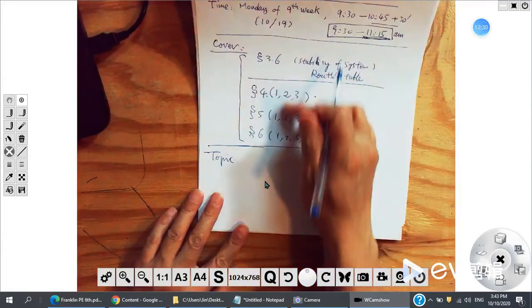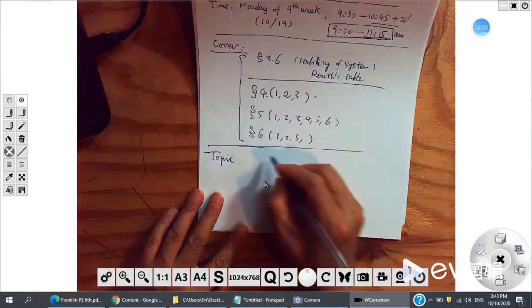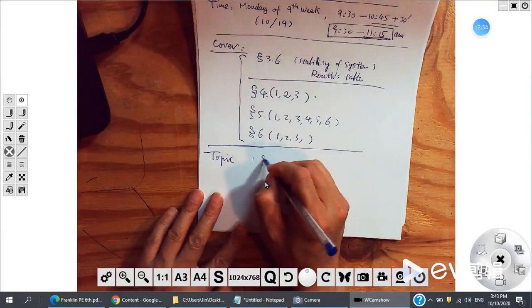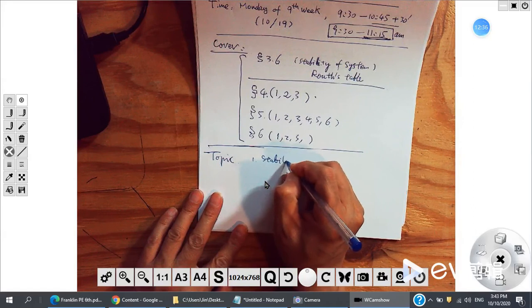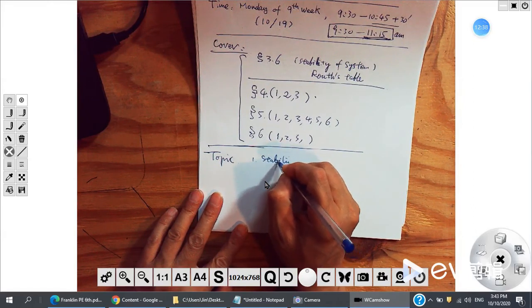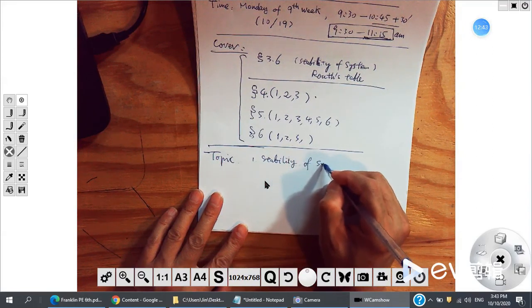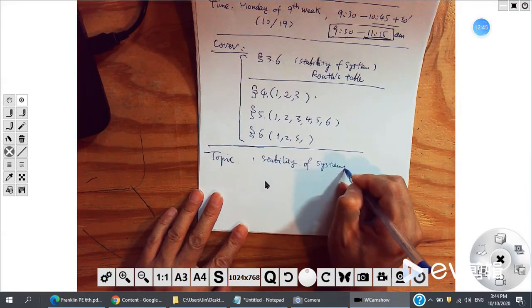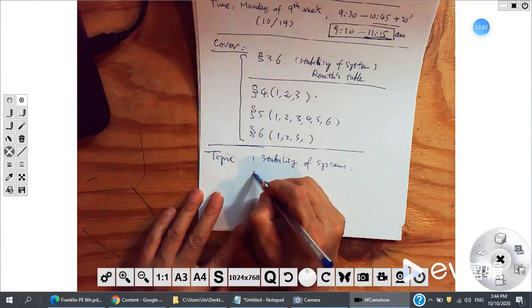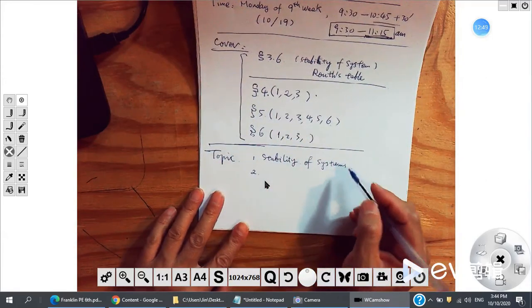Actually, you can follow these. The first one is the stability of system, right? And the second one, in chapter 4, we have sensitivity.